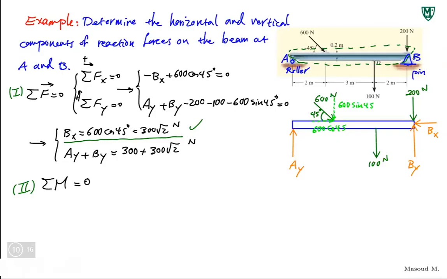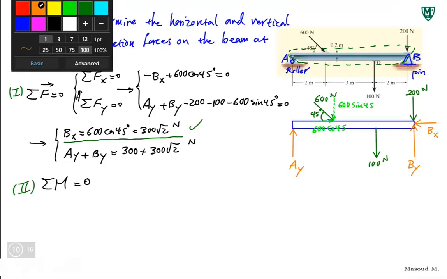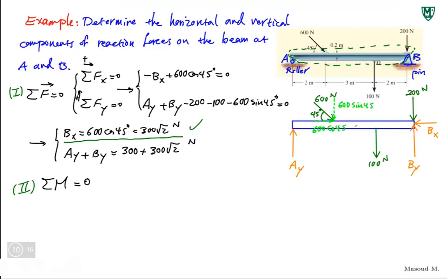At any given point on this beam, no matter which point you consider, it's here, it's here, it's there, anywhere on this beam, if you write the moment equation, the moment about that point should be 0 because the whole structure is in static equilibrium, right?